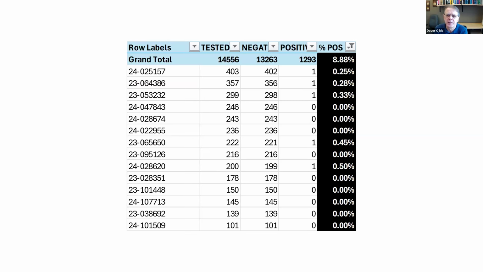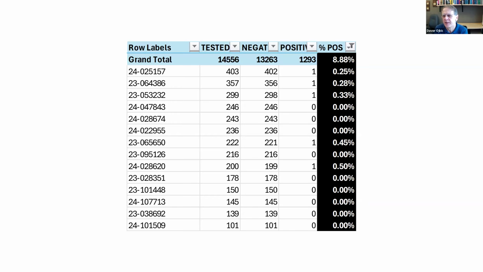Now, on the other side, I thought I'd look into how often we get signal that's less than what the manufacturer recommends in terms of specificity. Since the switch to the Hyphen BioMed early test, we tested almost 15,000 good samples, and overall 8.88% were positive.